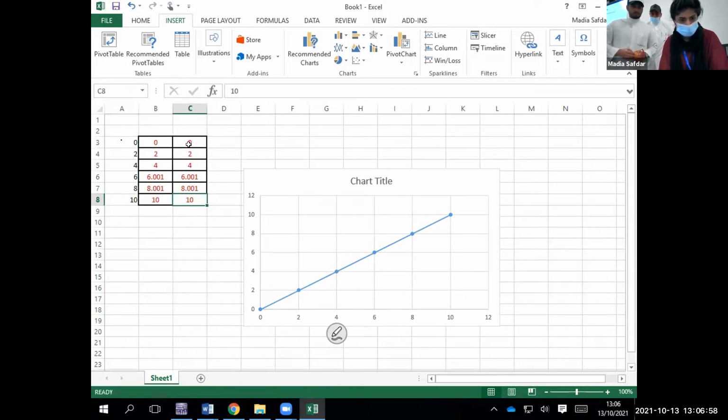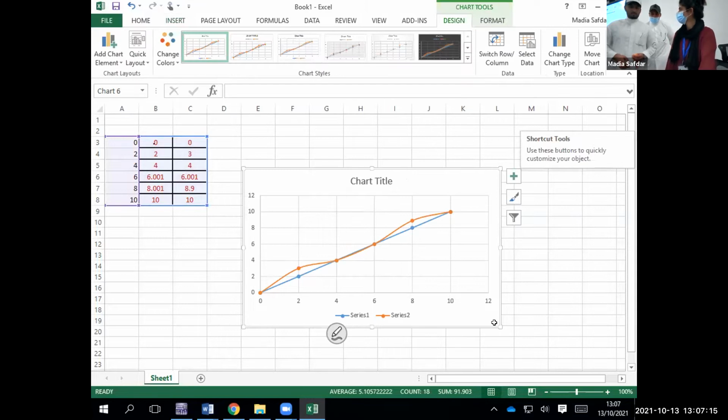For example, this is 3, this is 4, this is 8.9, like this. Then 2 lines on the same graph.